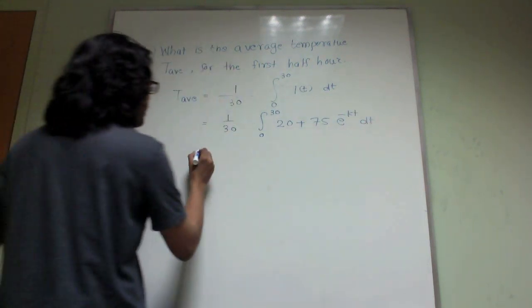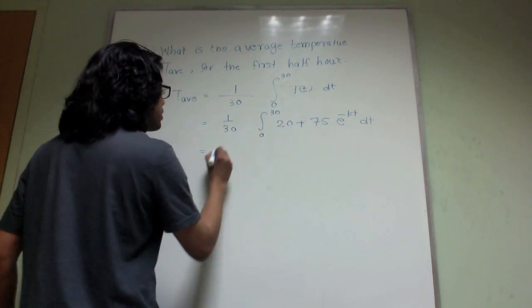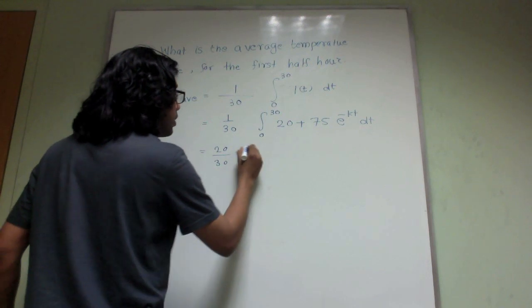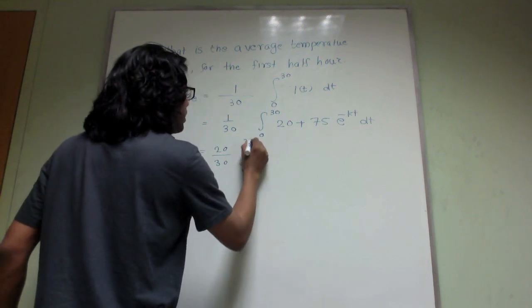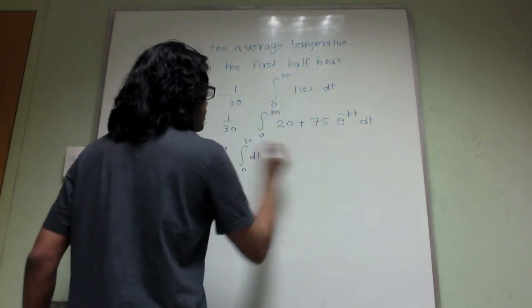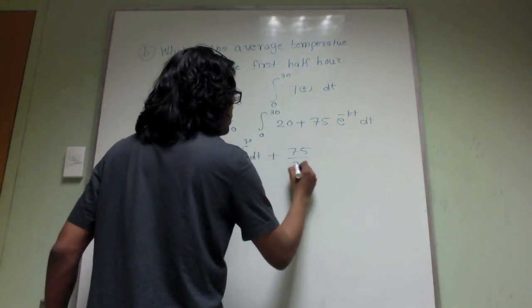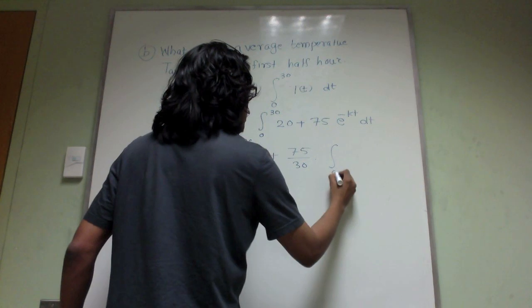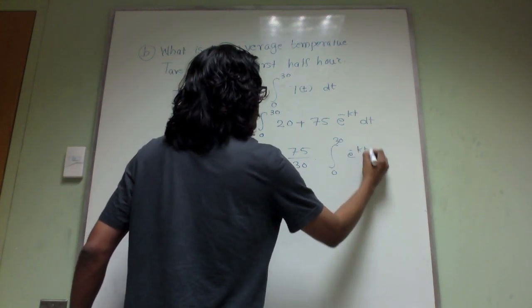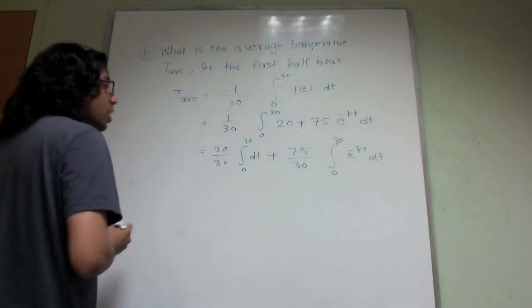So let's integrate. 20 is a constant which comes out. For the first integral you have 0 to 30 dt, plus 75 is a constant, so 75 over 30 times the integral of e to the power minus kt dt.